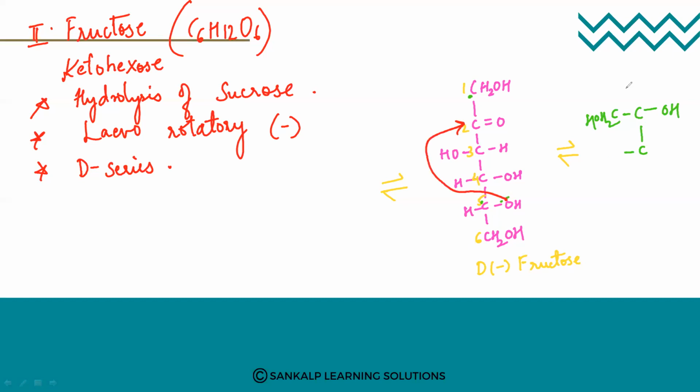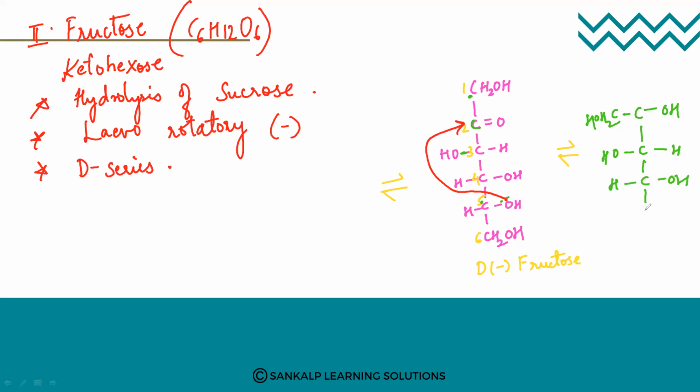Okay, so how will it be? I'll write the structure now. So C, so this will come here. To this carbon C, CH2OH will fall on the left hand side, so COH. Then this will be the second carbon, that is COH. Here I'm writing the structure COH, H, then CHOH.